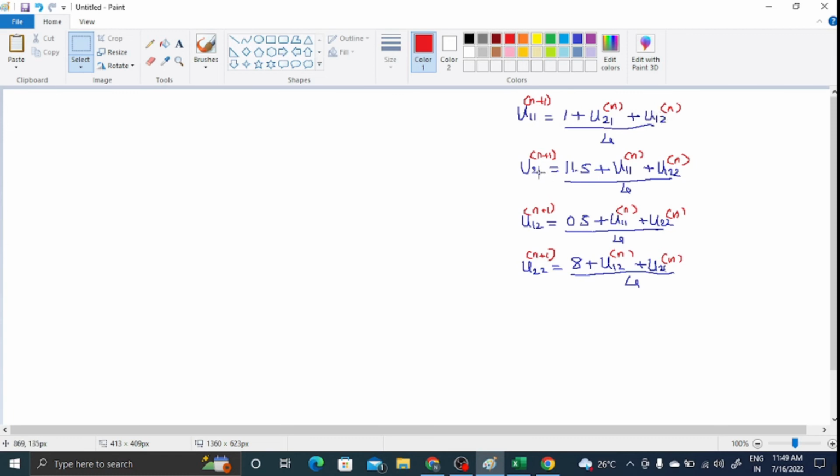Now what about u21? For u21, you can see that u11 is available. The new data of u11 is available, so we can utilize the latest u11 data. What I am trying to say is, for u21 we can use this u11, so we write it as n plus 1, because the latest data is available.